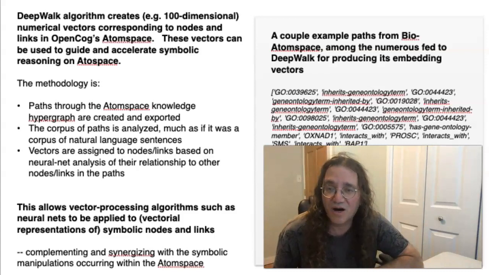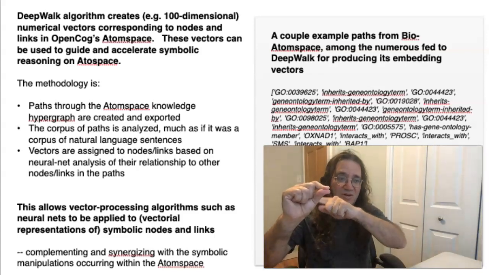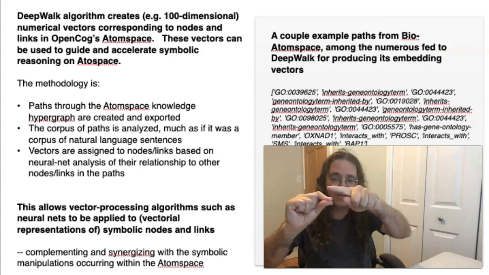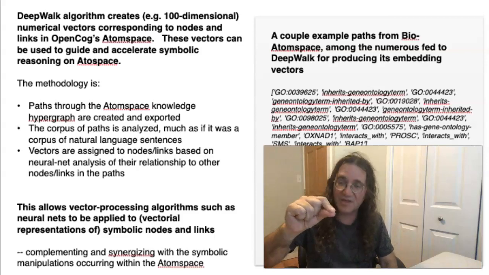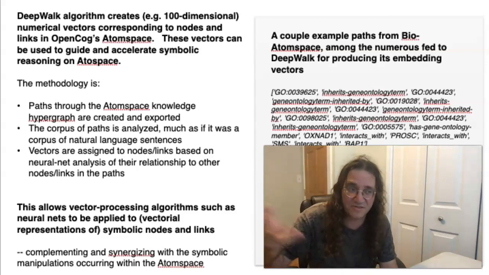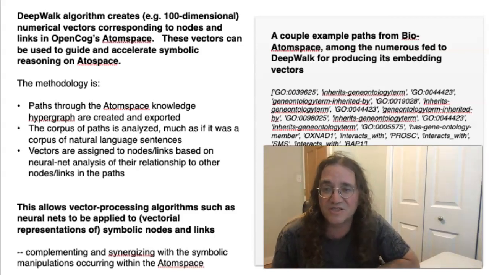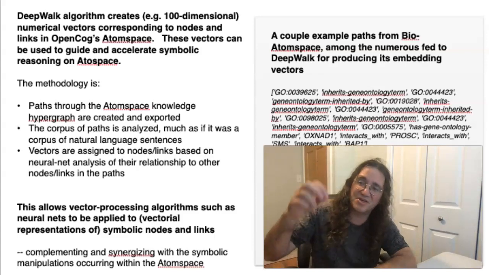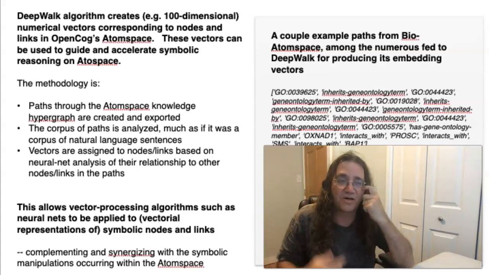What we do in DeepWalk is, for each node in a graph, we take a whole bunch of walks through the graph that pass through that node. And then we treat that collection of walks as if it was a bunch of sentences in some language, and then do word2vec-like stuff to come up with embedding vectors for the nodes based on what other nodes neighbor them in the walks through the graph.